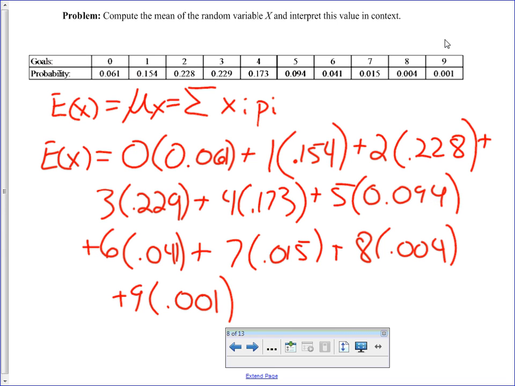Right, so it's the sum, which is why we're adding all the time, of each x sub i times its p sub i.